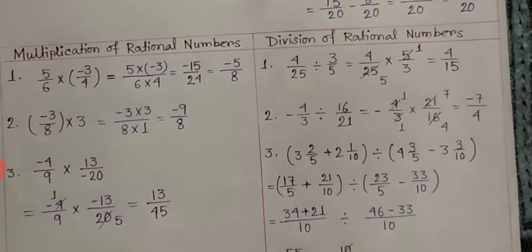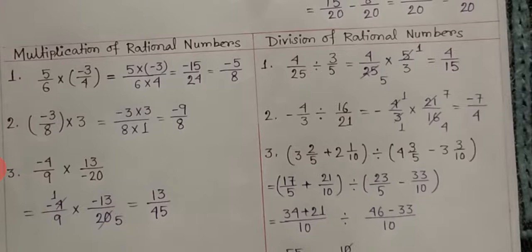Coming to the second example, minus 4 by 3 divided by 16 by 21 equals minus 4 by 3 into 21 by 16, and the final answer is minus 7 by 4.